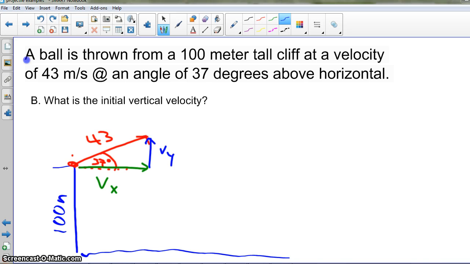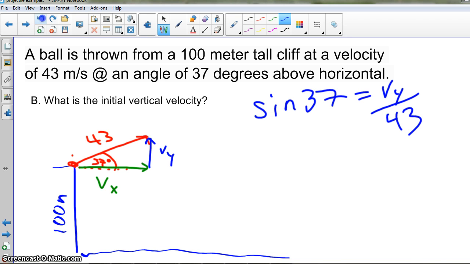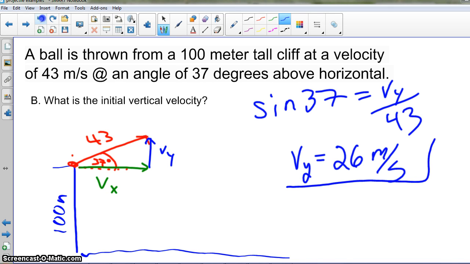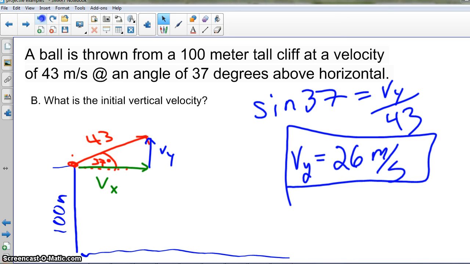We're going to take the sine of 37 is equal to the y component over 43. So 43 times the sine of 37 is the initial vertical velocity, which is what? 26. Oh, okay. Well, that's easy enough. Nothing too terribly difficult here.